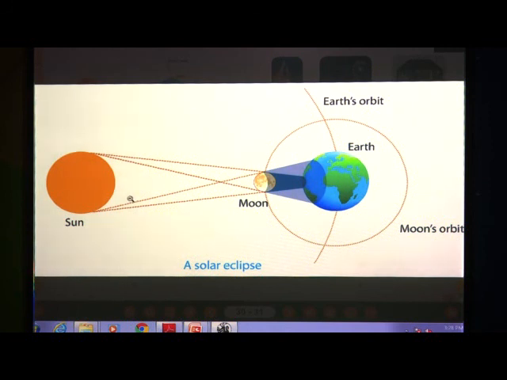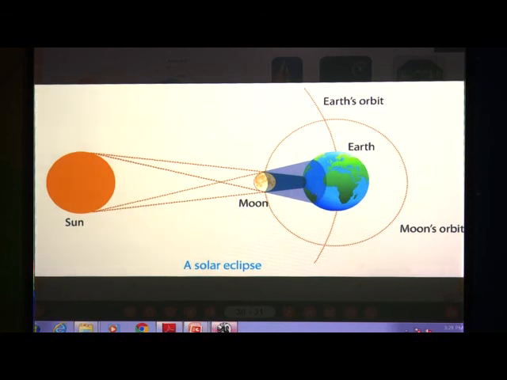This is the sun and these are the sun rays, and when the moon comes in the path of the sun, in between the earth and the sun, the shadow of the moon falls on the earth, and we call that a solar eclipse. Sometimes it is a total solar eclipse, or sometimes a partial solar eclipse.